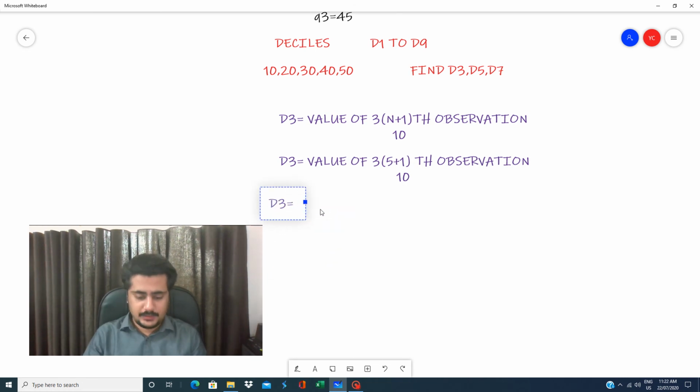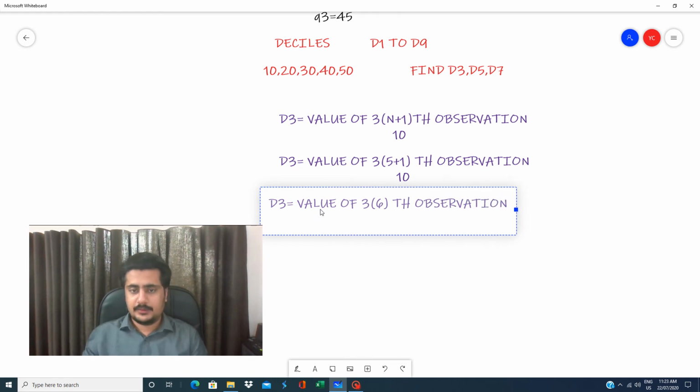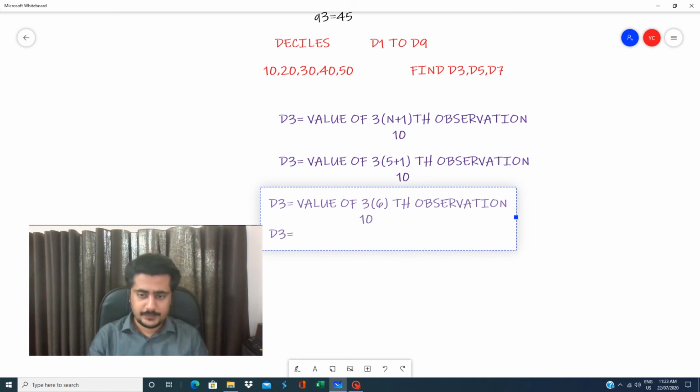Now D3 is equal to value of 3 into 6, upon 10. Now D3 is equal to value of 18 upon 10th observation.